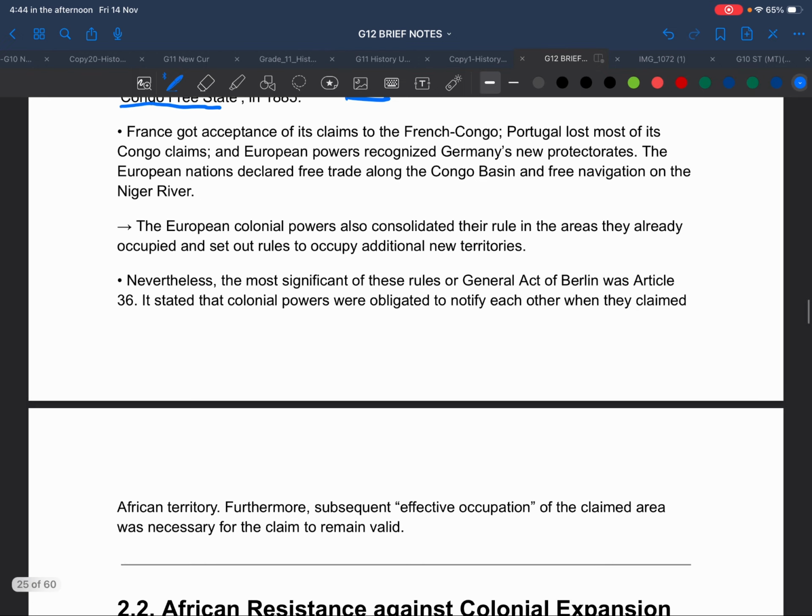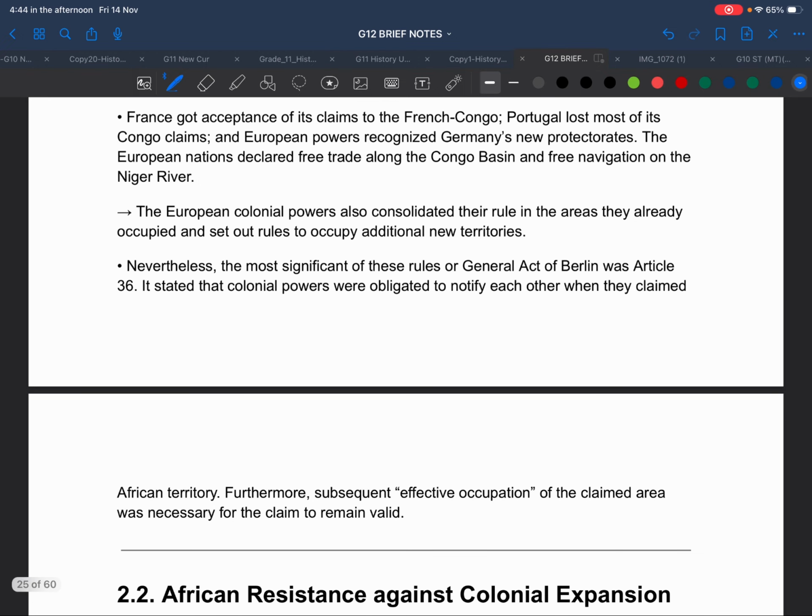France got acceptance of its claims to the French Congo as well. French Congo, what's called Central African Republic today. There were two Congos. French Congo is under the French, and the other Congo under King Leopold.